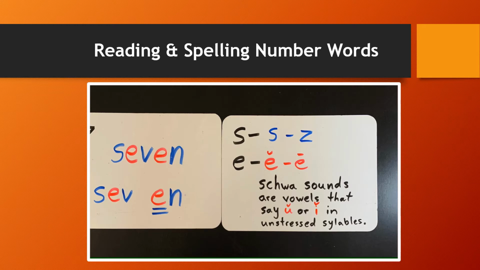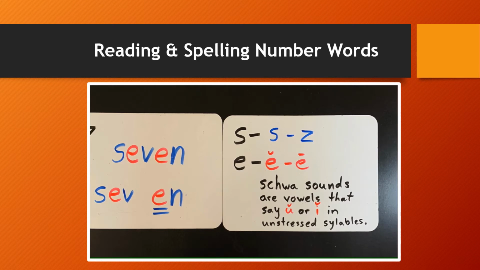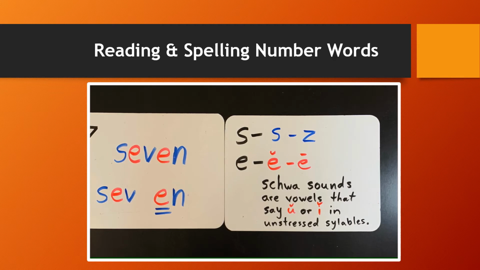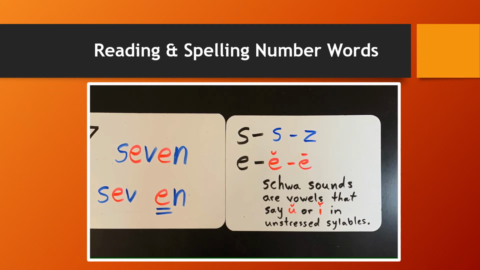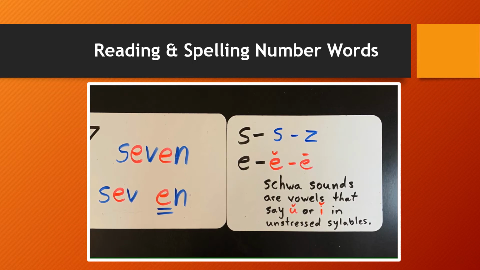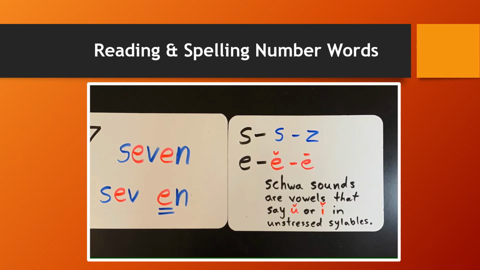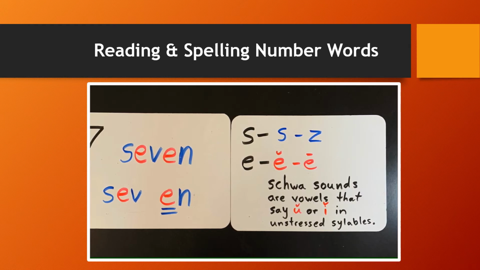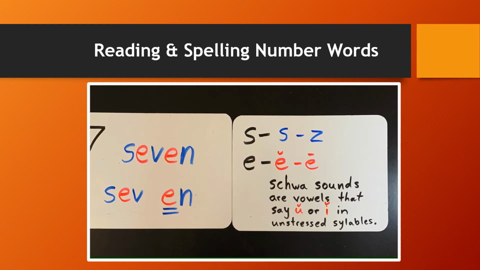Now let's take a look at the word 7. It's not so easy because it has a schwa in it. A schwa sound, they are sounds that vowels make that say or I. That's not its normal sound, and they are appearing in unstressed syllables. So in the word 7, you have the stressed syllable is the first one, the second syllable is not stressed.